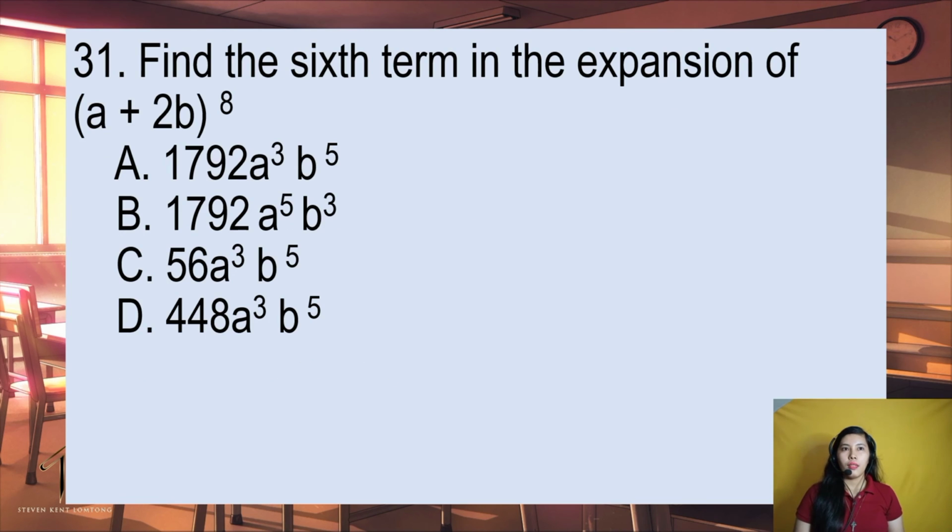So let's find the sixth term in the expansion of a plus 2b raised to 8. In this problem, our n is equal to 8 and our r is equal to 6. Since we're looking for the sixth term of this expansion, we're going to use the formula for the rth term. So for the sixth term, we have nC(r minus 1) x raised to n minus (r minus 1), y raised to r minus 1.